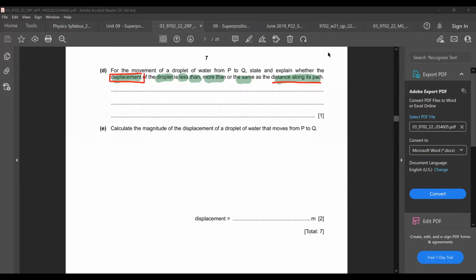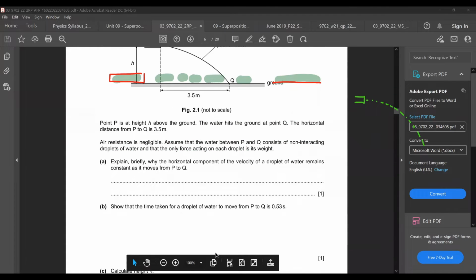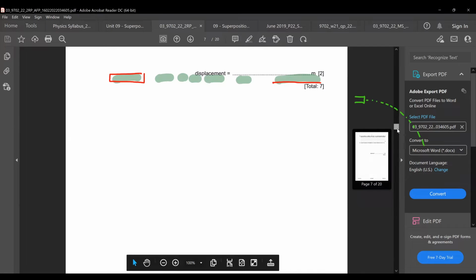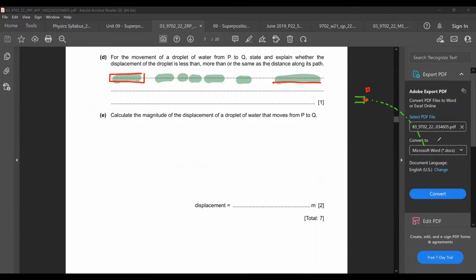So let me just draw back to you that little thing from earlier. This one is your water coming out. I know that this one is P, this one is Q. When they say distance along its path, it is referring to this.